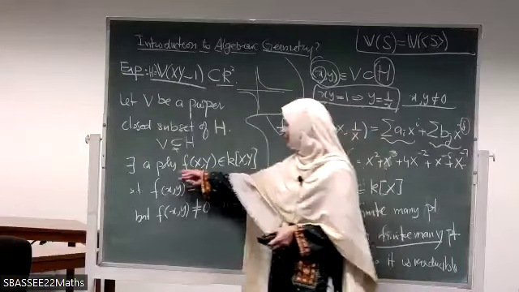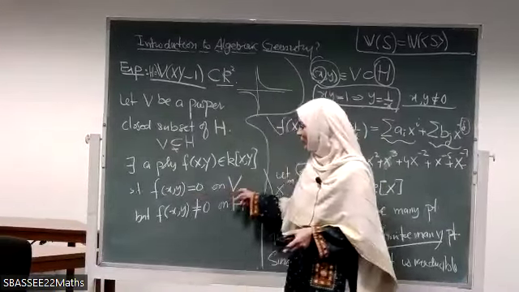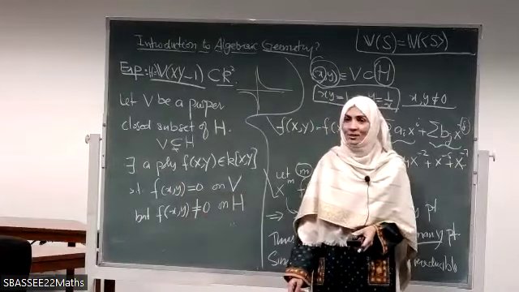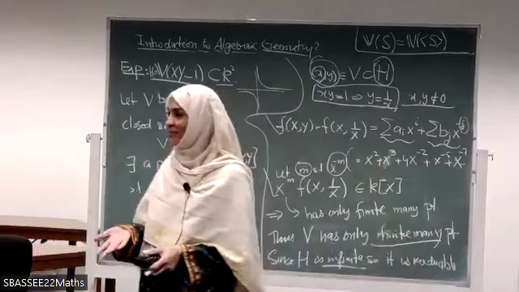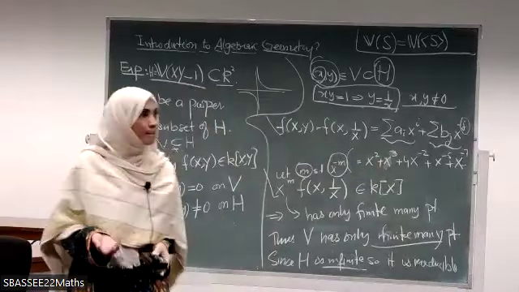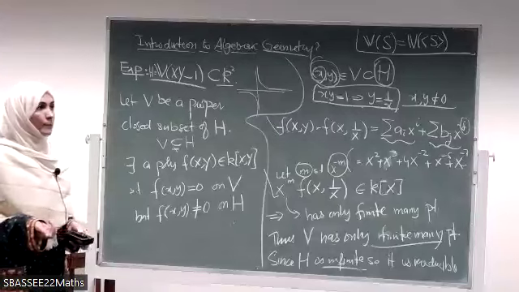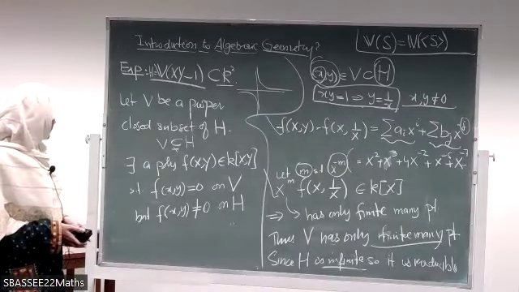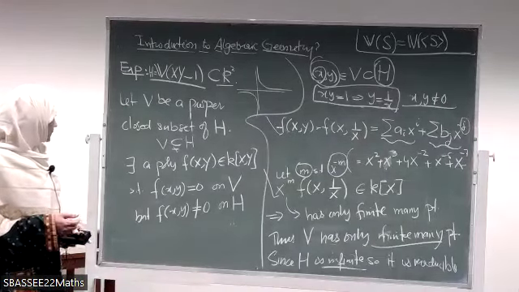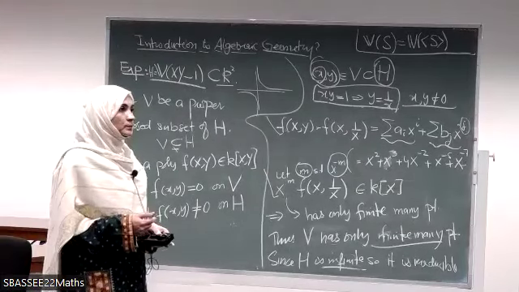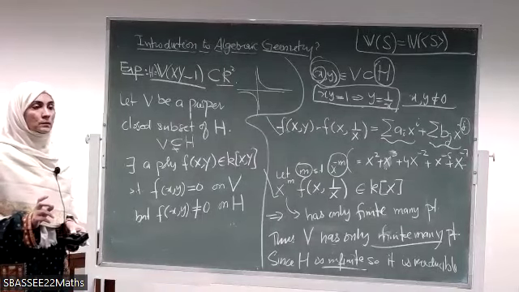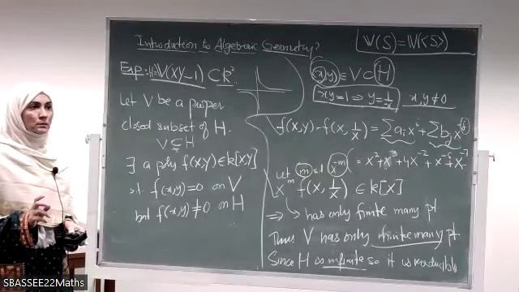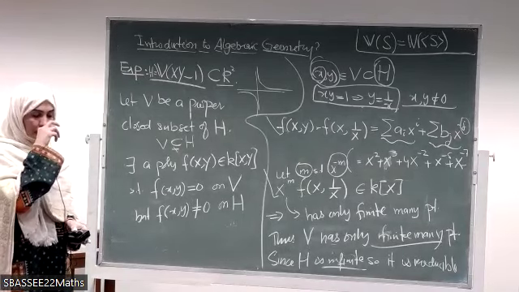I said that I'm picking that polynomial which is 0 on V, but not 0 on whole H. We have such. So we are working on this polynomial, f of x and y is not 0 on H. Then your argument works. So you show that every closed subset, even if it is proper or not, has finitely many points.